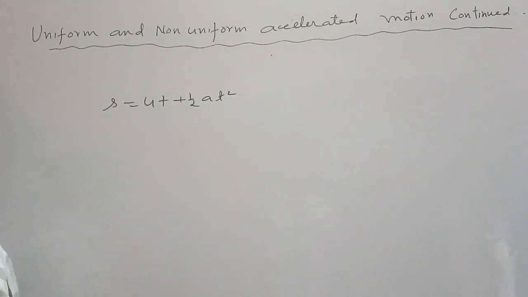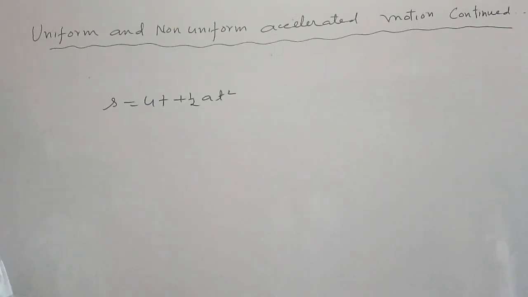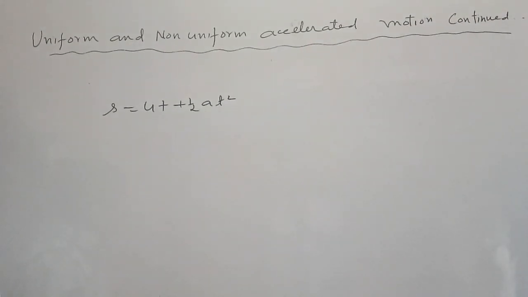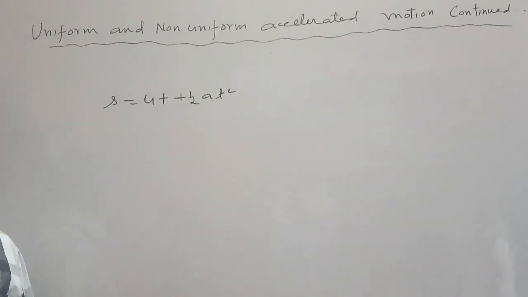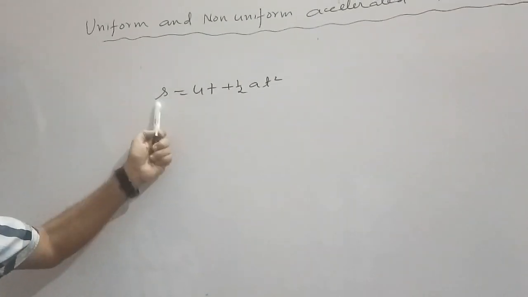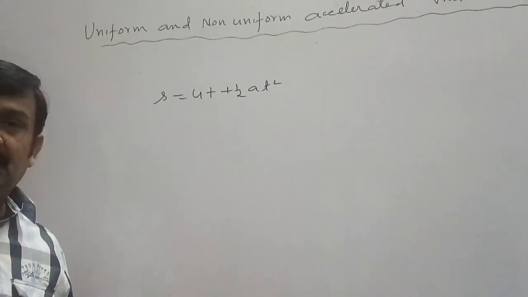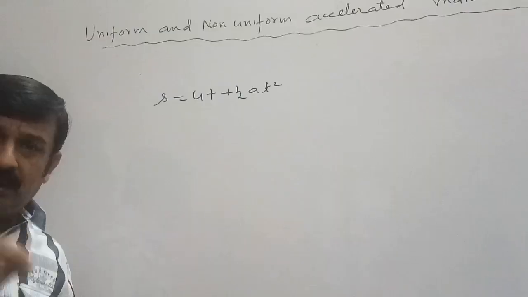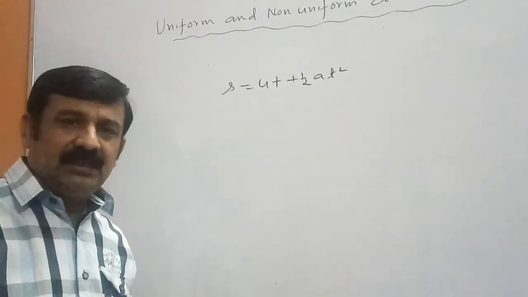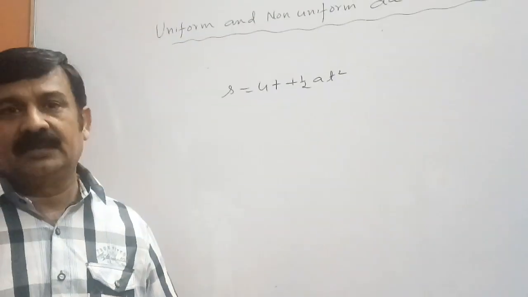Now we are going to discuss a special topic in which we try to find the expression with the help of which we can calculate the distance traveled in any particular second. Here, by putting t is equal to 4, we can find distance traveled in 4 seconds. But if they ask how much distance the body travels in the 4th second, there is a difference between the distance traveled in 4 seconds and the distance traveled in the 4th second.